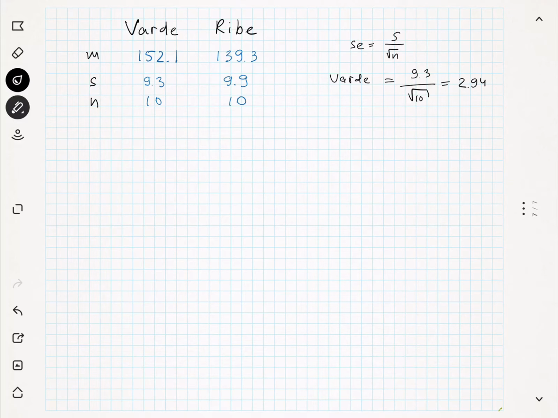For Riebe, it will be 9.9 over the square root of 10, which is approximately 3.13. We also denote the standard error as a standard deviation.